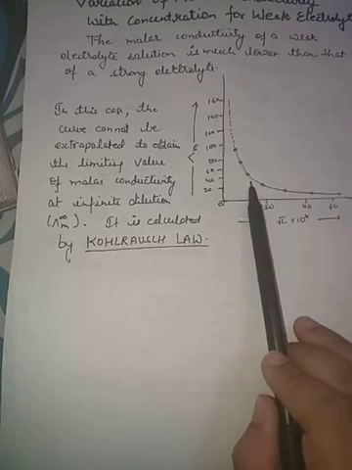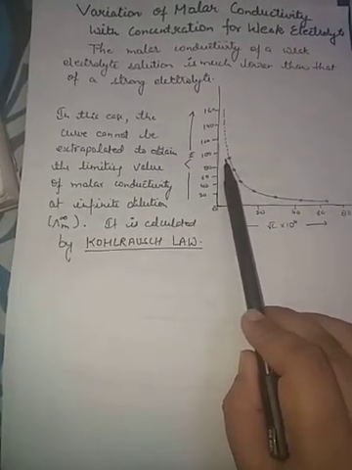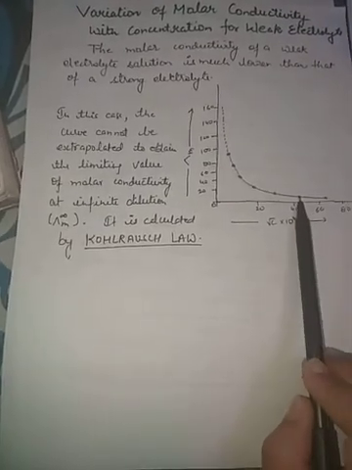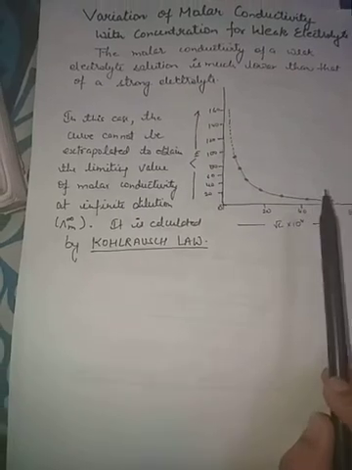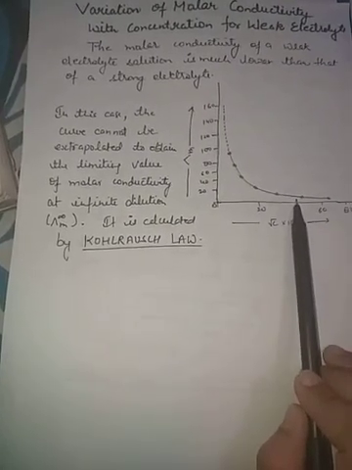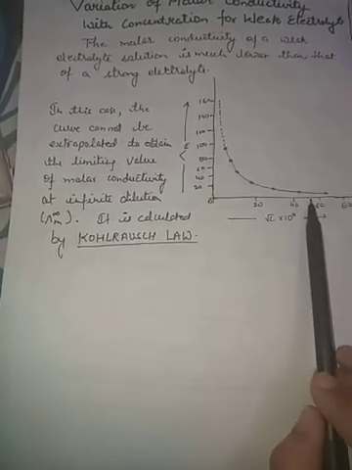This sudden rise in the molar conductivity of the weak electrolyte is because when the concentration was high, the number of ions was less, as dissociation was not up to that extent. Molecules were present and ions were also present.